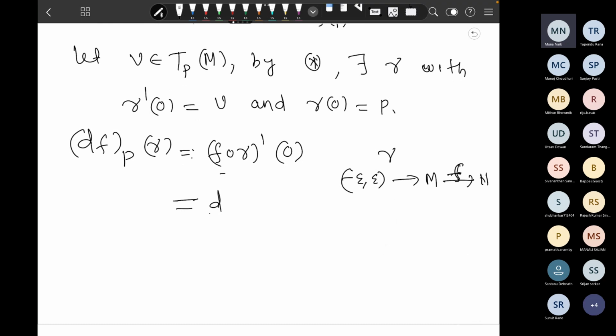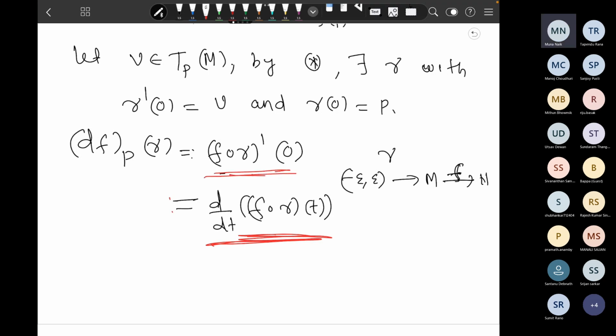Now I can write this as d/dt of (f composition gamma)(t) at t equal to 0. So df_p(v) is equal to (f composition gamma)'(0), which is equal to d/dt of f composition gamma(t) at t equal to 0.